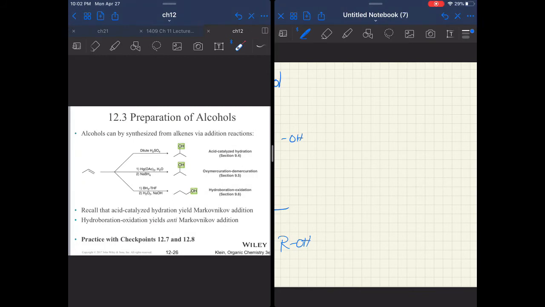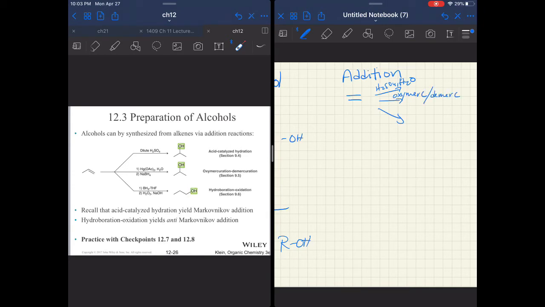We also know that there's addition reactions. We can make alcohols across double bonds in 3 ways. We can do H2SO4 and water, acid catalyzed hydration. You can do oxymercuration, demercuration.